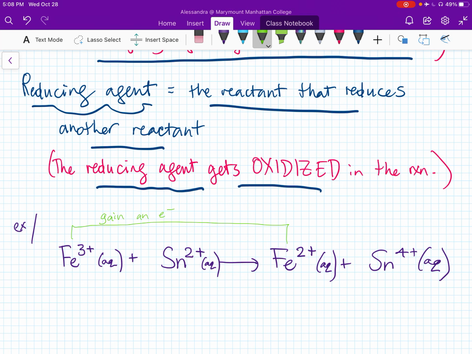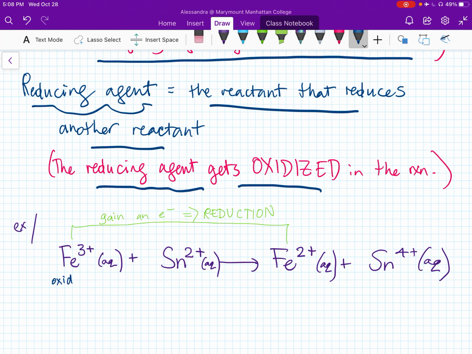Gaining electrons is reduction. So that means that over the course of the reaction, the Fe3+ becomes reduced. That means if it becomes reduced, it must be the oxidizing agent.